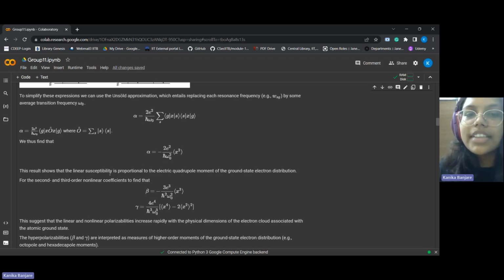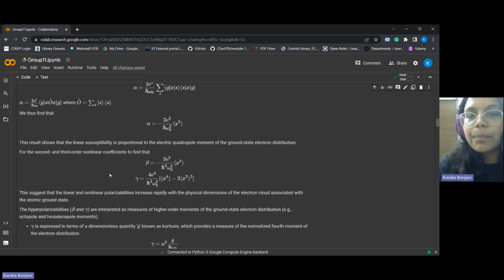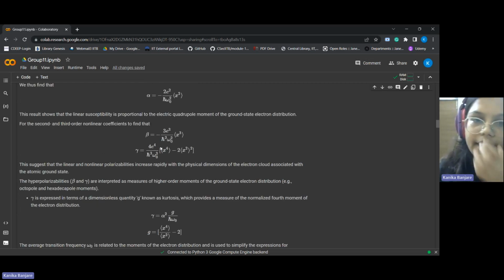And this result shows that the linear susceptibility is proportional to the electric quadrupole moment of the ground state electron distribution.